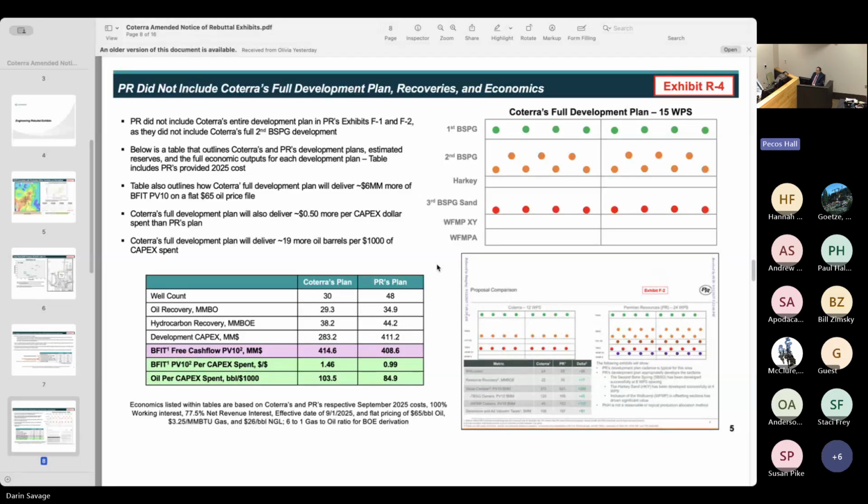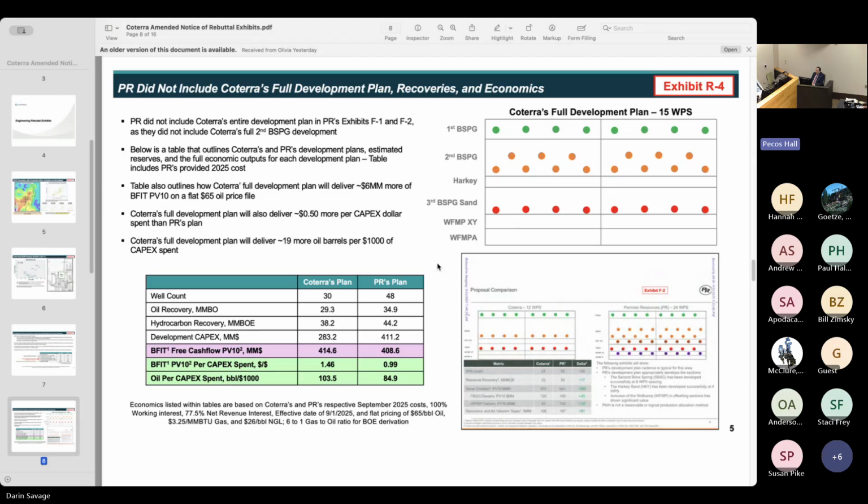That illustrates that Coterra's capital is working more efficiently, and the savings that Coterra is providing for working interest holders can be utilized to invest in other projects in the area and thus provide them more money. This is only focusing on this project, but the savings that Coterra is providing the working interest holders would allow them to make additional money not captured in this.